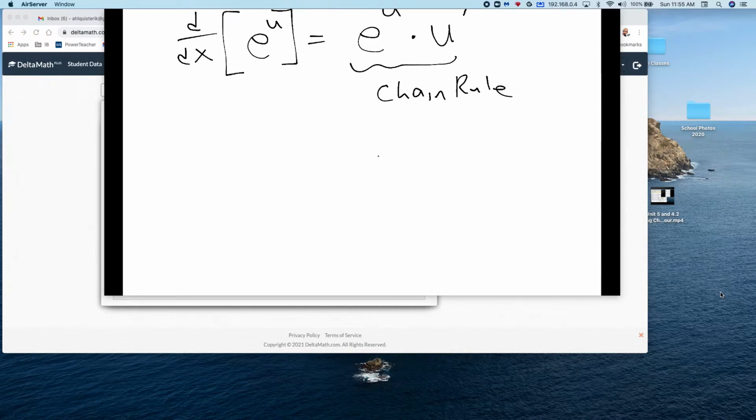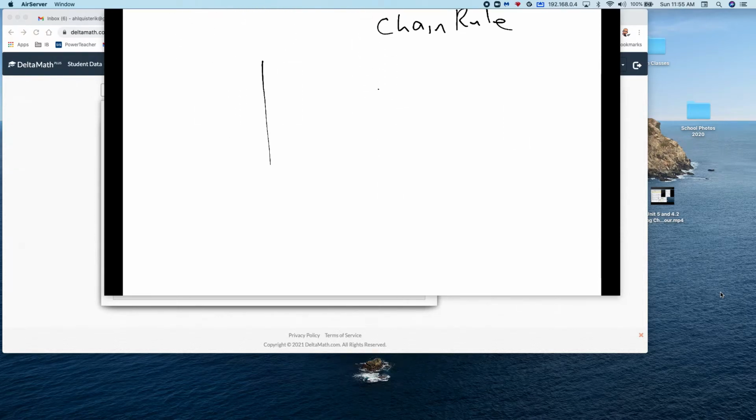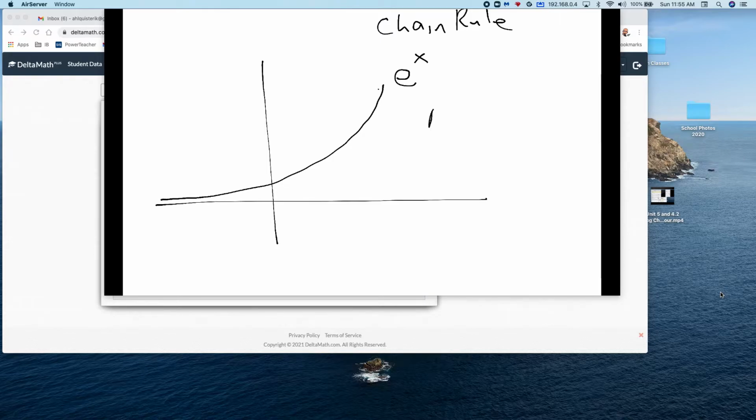So now, the other thing that you got to remember is that if you graph a function e to the x, one thing that you need to know is it's always positive. So the range is always positive.